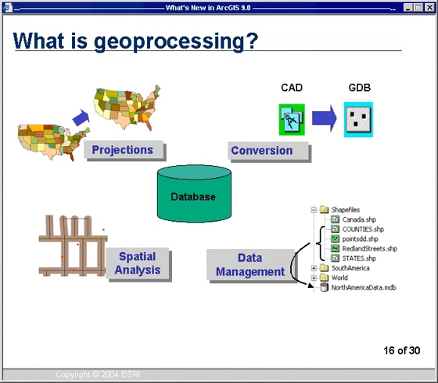So there are many examples of this. We can run a projection that's creating new output. We can also run data management tools, which is simply just adding a field to the feature class or a table. That's an example of geoprocessing as well. Conversion tools, converting from one format to another. We can set up data management to do a whole bunch of things at once.